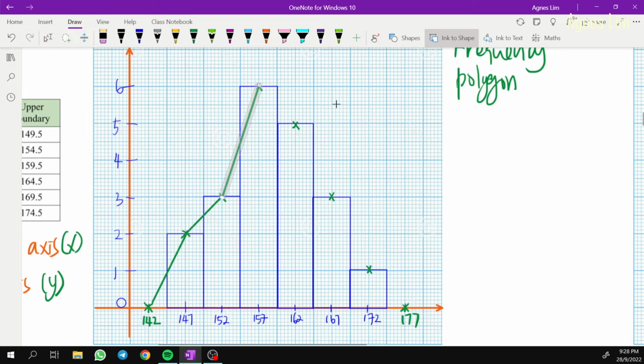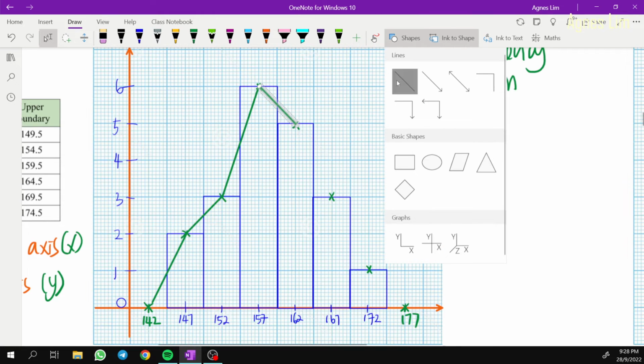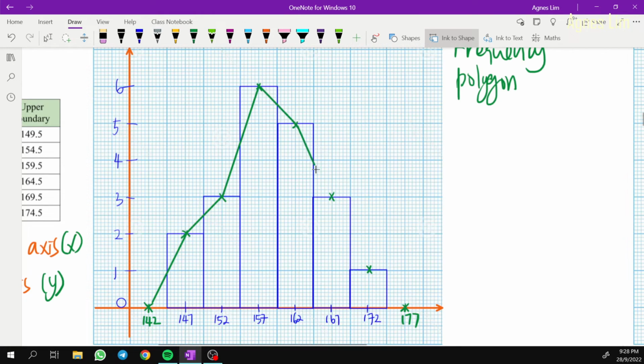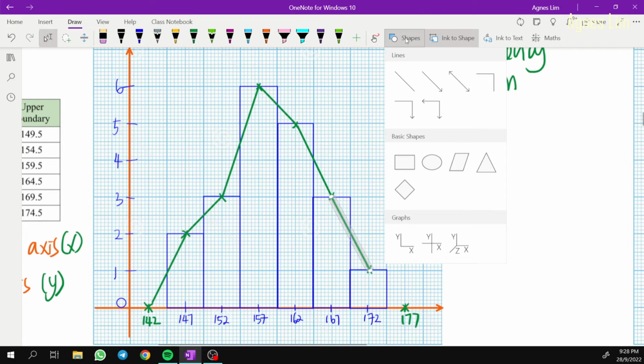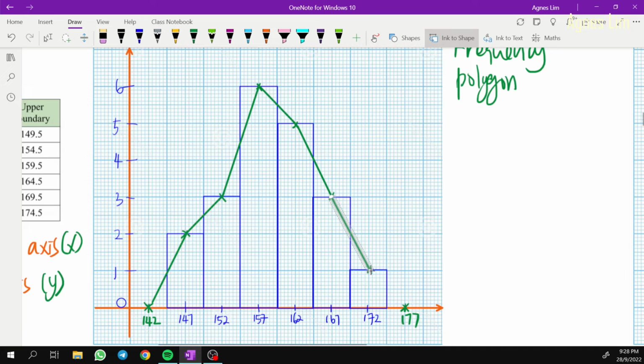Okay, just be careful that you connect properly. It will look like a drawing of a mountain, an ugly drawing of a mountain. Does it look like a mountain to you?